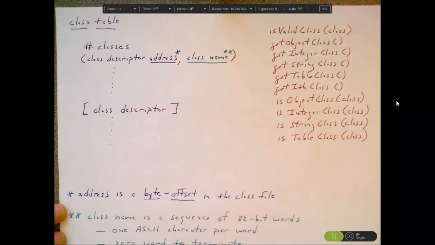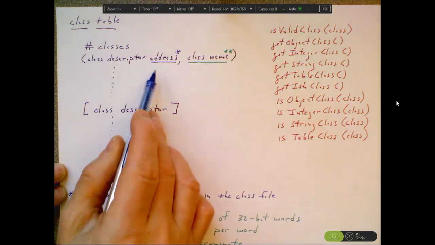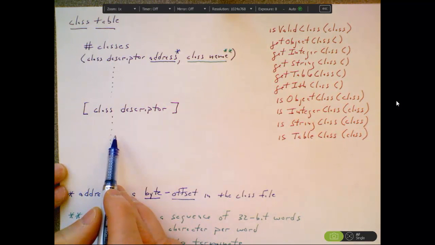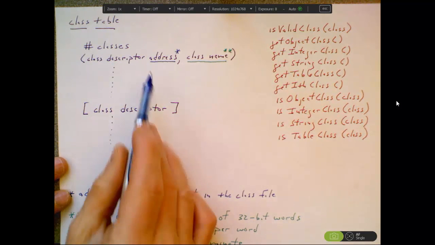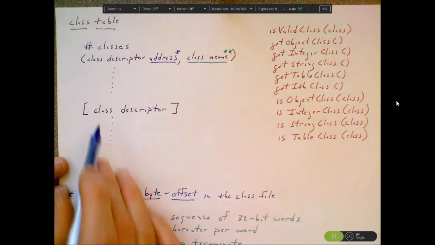What I'm recommending is that you load the class file into an array of words, so you're going to constantly be translating those byte offsets into word offsets. And of course that's simple. You just divide by 4, but you need to remember to do it. Again, the class descriptor address tells you where the actual detail information is for this particular class, so it's an address further down into the class file, into the VM memory.